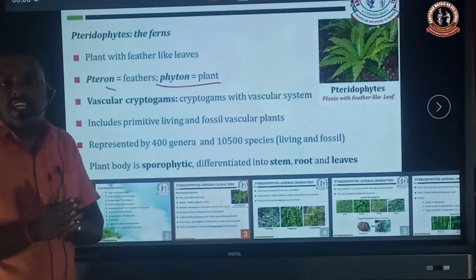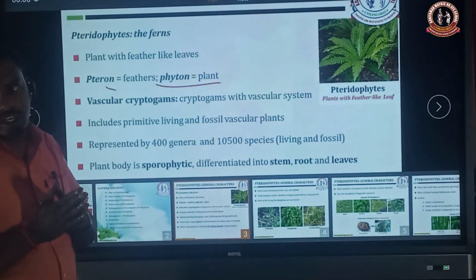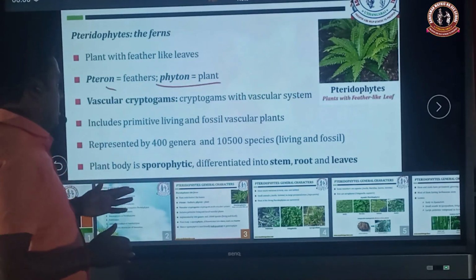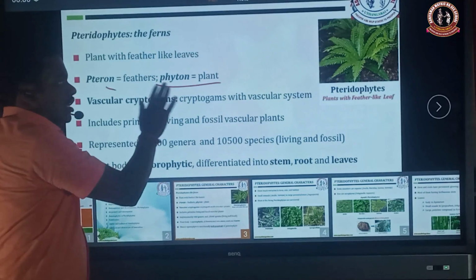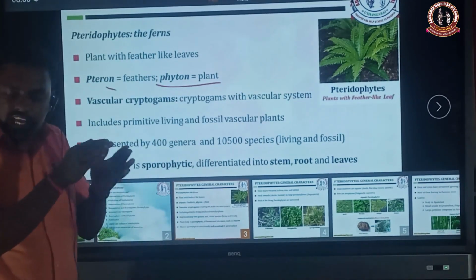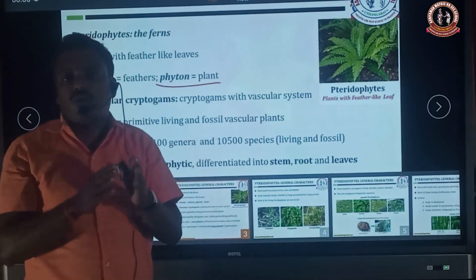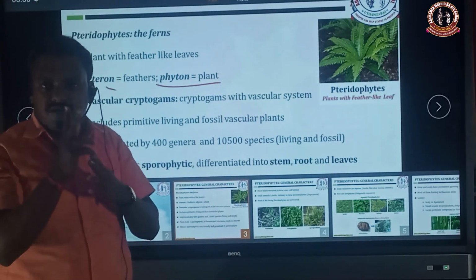I already told you that pteridophyte is a vascular cryptogam. How is that possible? The xylem and phloem elements are present in the pteridophytic plant, so it is known as a vascular cryptogam. Here the cryptogamous plant contains a vascular system, meaning the two types of conducting elements, xylem and phloem.